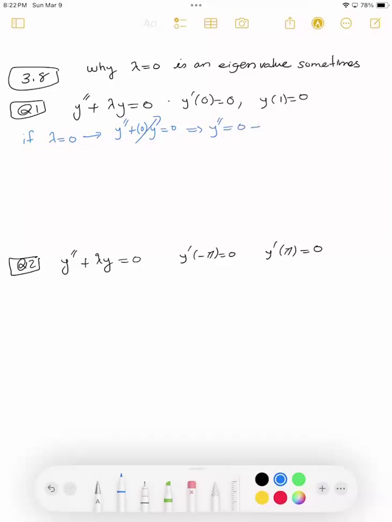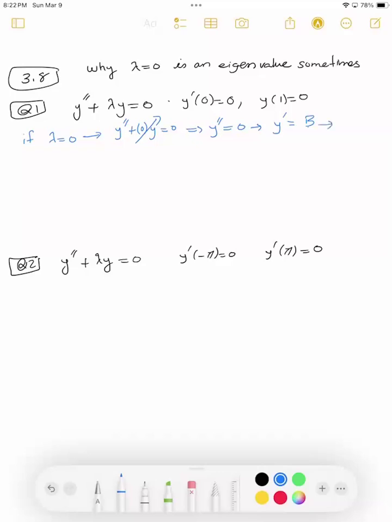If y double prime is 0, then finding the integral, I get y prime is equal to, let's say, b, because the derivative of a constant b is 0.